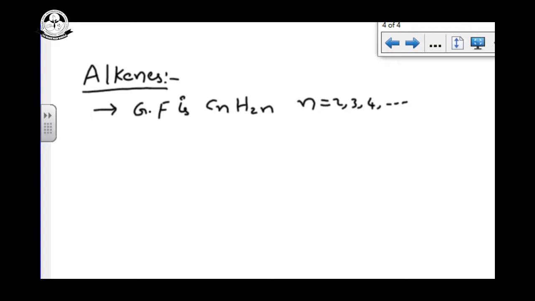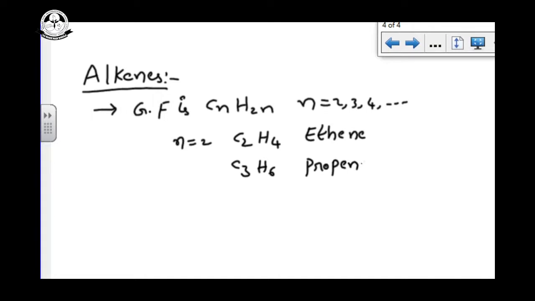If n is 2, the compound is C2H4, ethene. If n is 3, the compound is C3H6, propene. If n is 4, C4H8, butene.